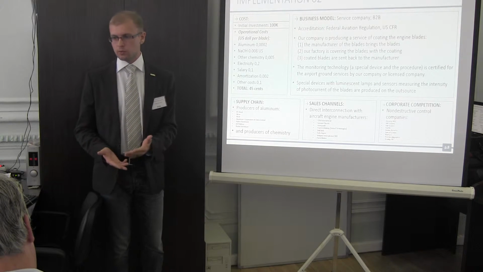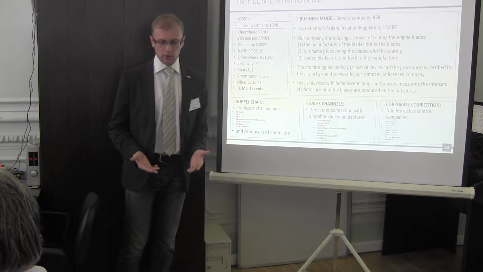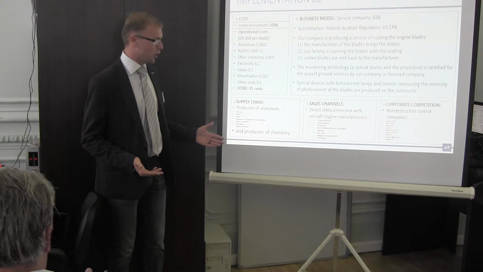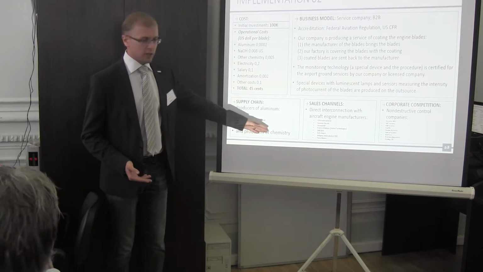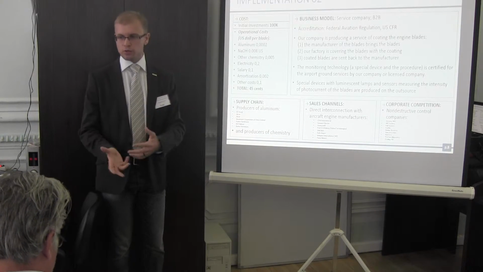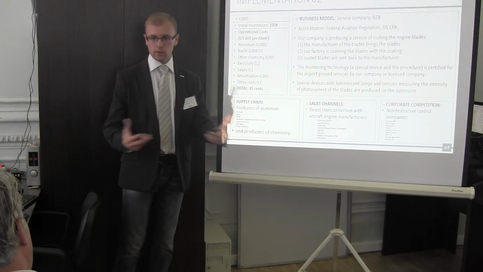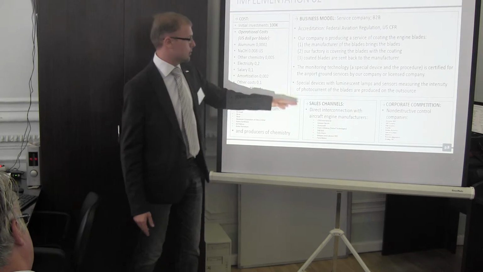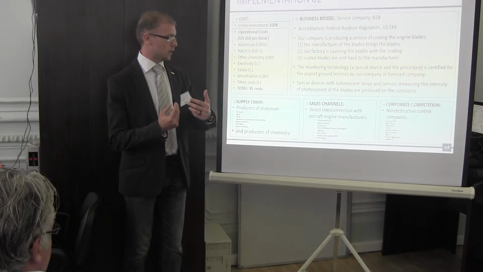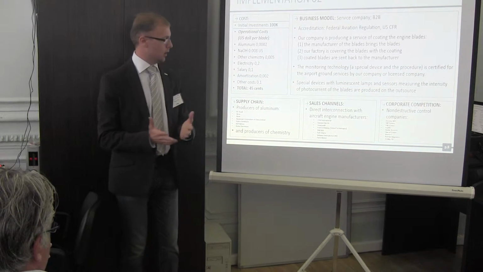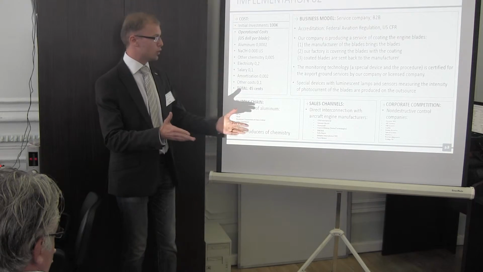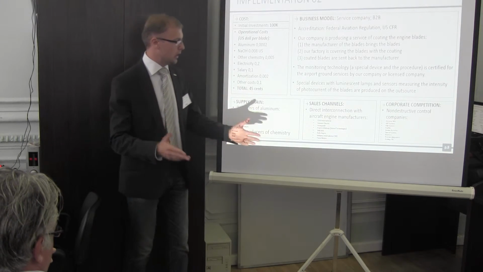It's not a problem to get aluminum. It costs like $700 per ton. And some chemistry is also not difficult. Compounds are all easily obtained on the market. Again, in terms of the sales channels, we think that we need to start with direct interconnection with engine manufacturers and with airports or other service companies.